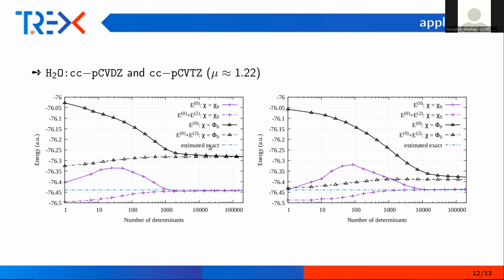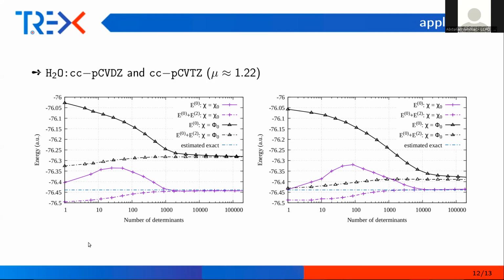In blue we have an estimation of the exact energy to check the obtained results. But here, in contrast to the previous cases, we see that for chi equal phi 0, both E0 and E0 plus E2 are not converged for 100,000 determinants. However, for chi equal chi 0, results are very close to the reference energy.